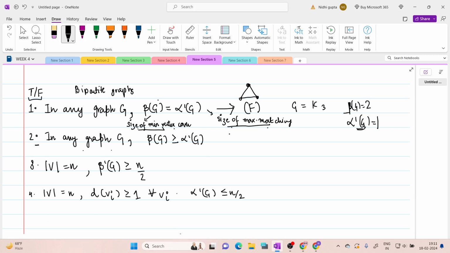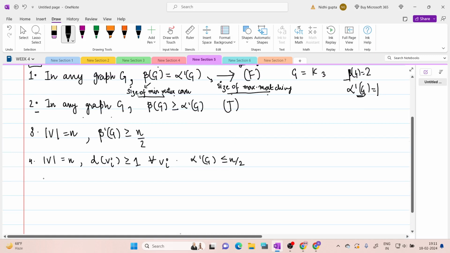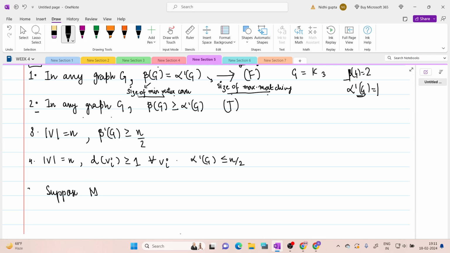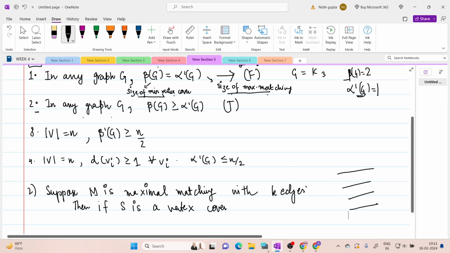This statement is true, because suppose M is a maximal matching with k edges. We have these k edges in the matching, and a matching has all disjoint vertices.